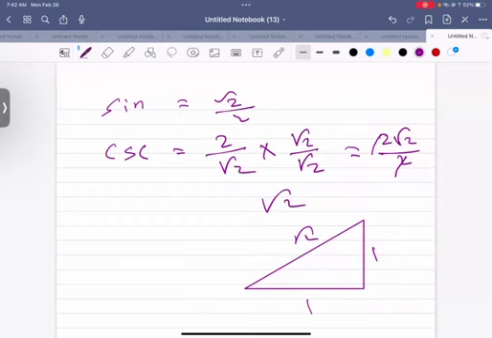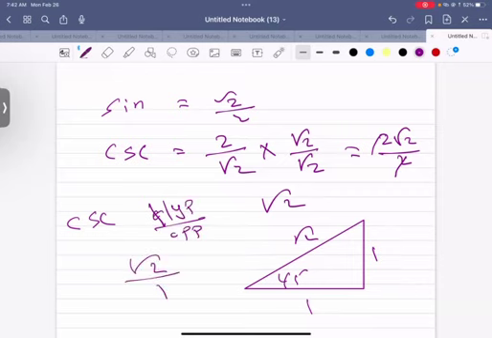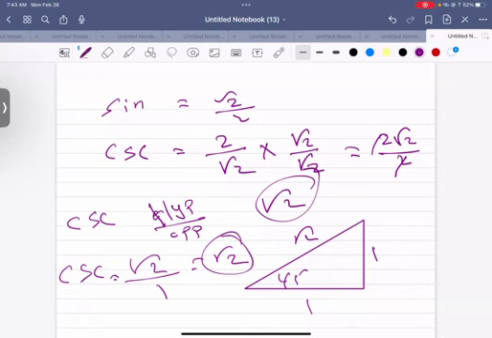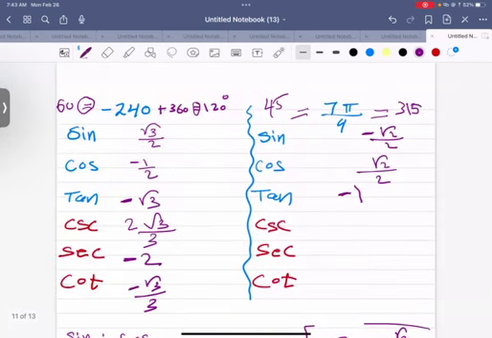What do you know about cosecant? It's not opposite over hypotenuse. It's hypotenuse over opposite. That equals radical 2 over 1, which is radical 2, in one step. Both work and give me the same answer. So that's radical 2, and it's the reciprocal of sine.